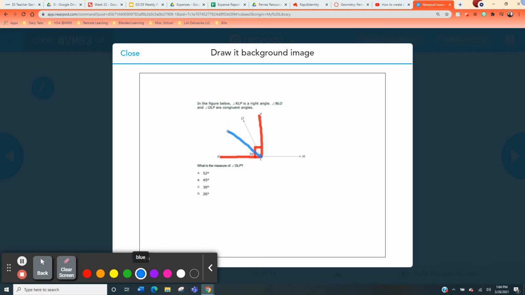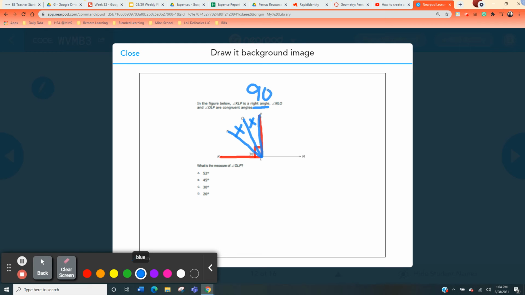So this angle and this angle are congruent, meaning they equal the same. So I can name this one X and I can name this one X. So it wants to know, what is the measure of OLP? Well, I can equal all of those angles to 90 because it's a right angle.